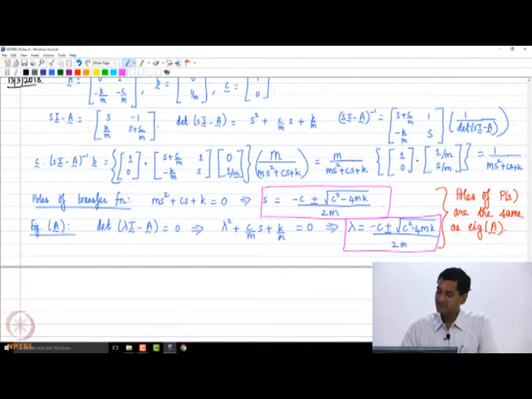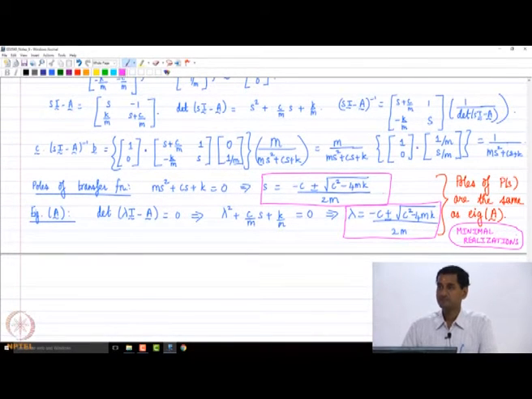So in fact, to generalize, of course I am not telling the complete picture, but by and large, for what are called minimal realizations, the poles of the transfer function and the eigenvalues of the state matrix are the same. Okay. Of course, this is true for what are called minimal realizations. Okay. So we will see what this is when we go to advanced courses on controls, particularly on what is called modern control theory or state space theory. Okay.